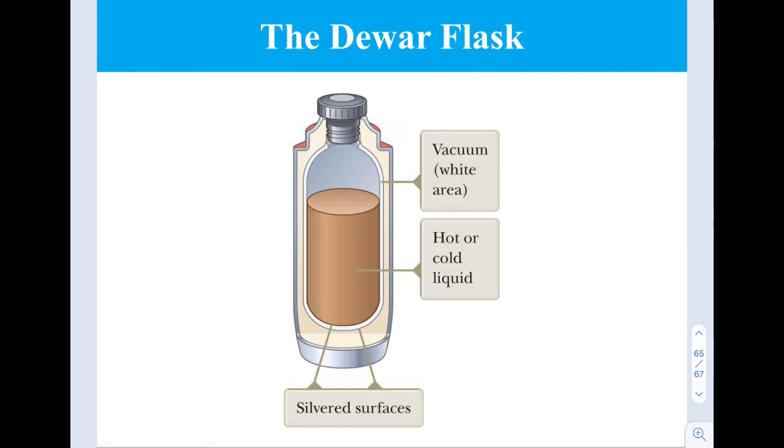A further reduction in energy loss is obtained by reducing the size of the neck here. Dewar flasks are commonly used to store liquid nitrogen, with a boiling point of 77 Kelvin, and liquid oxygen, where the boiling point is 90 Kelvin.